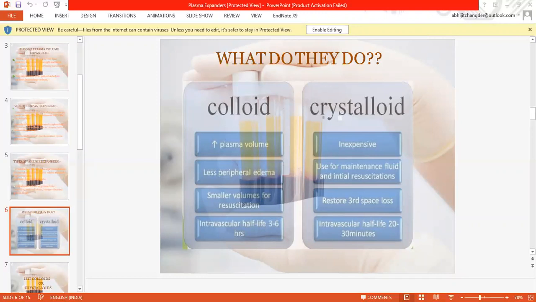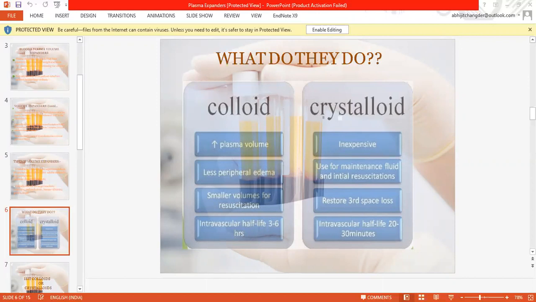It should also be non-antigenic, because if it is antigenic, it will show the antigen-antibody reaction in our body, which is not desirable. So it should be non-pyrogenic, non-allergic, and non-antigenic.